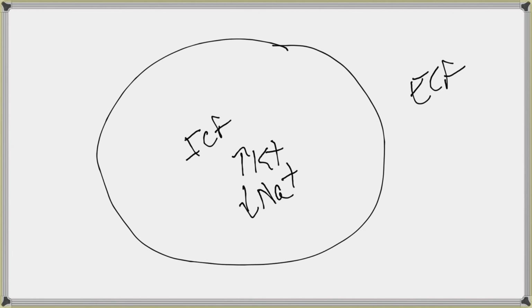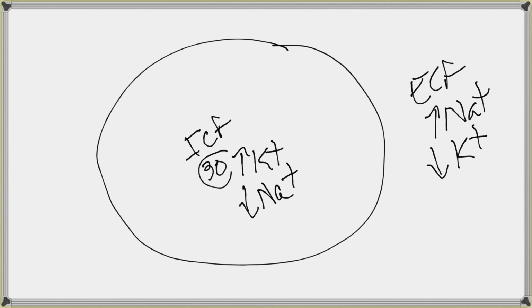Whereas with the extracellular fluid, the opposite is true. There is a relatively high concentration of sodium in the ECF and a relatively low concentration of potassium. And since your notes said it, let's identify what we mean by high and low. If I compare the amount of potassium inside to the amount outside, the ratio is about 30 inside to every 1 outside.